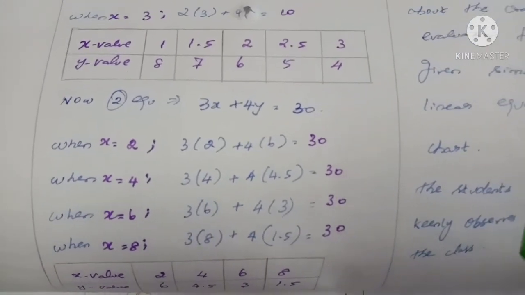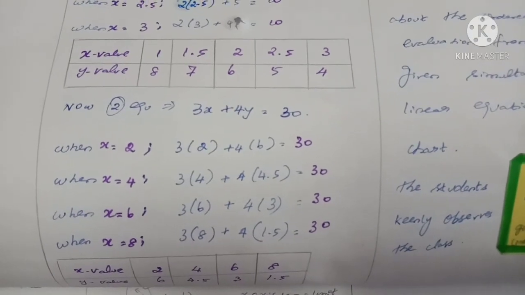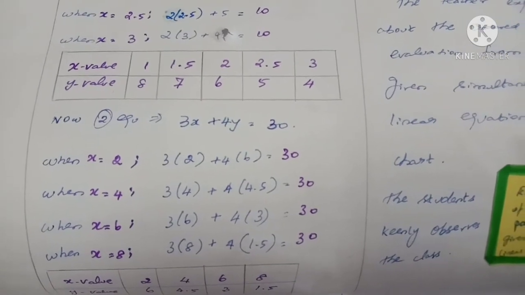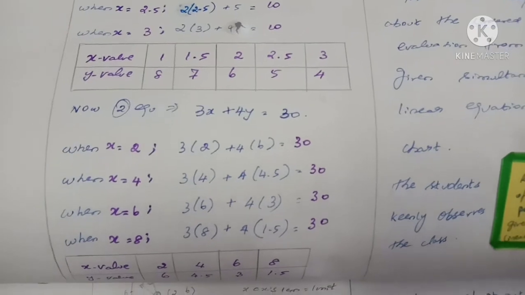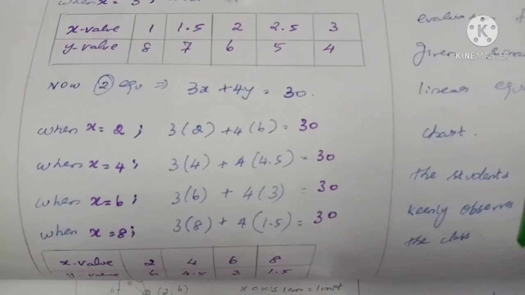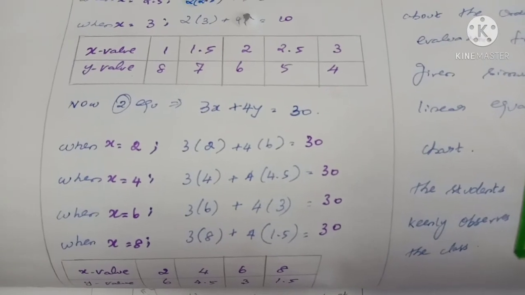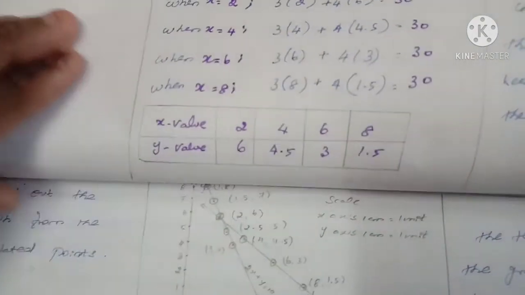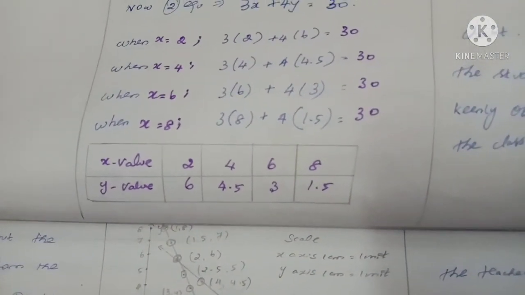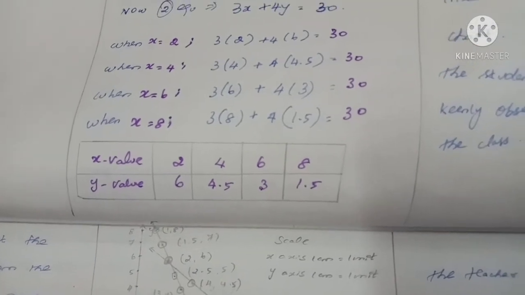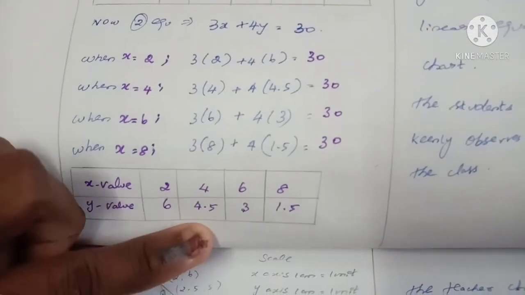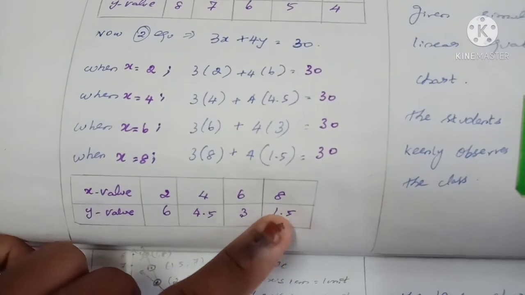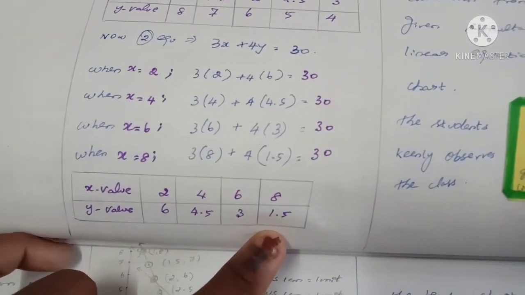When x equal to 6, 3 multiply 6 plus 4 multiply 3 equal to 30. When x equal to 8, 3 times 8 plus 4 times 1.5 equal to 30. Then the x and y values: x is 2, y is 6; x is 4, y is 4.5; x is 6, y is 3; x is 8, y is 1.5.